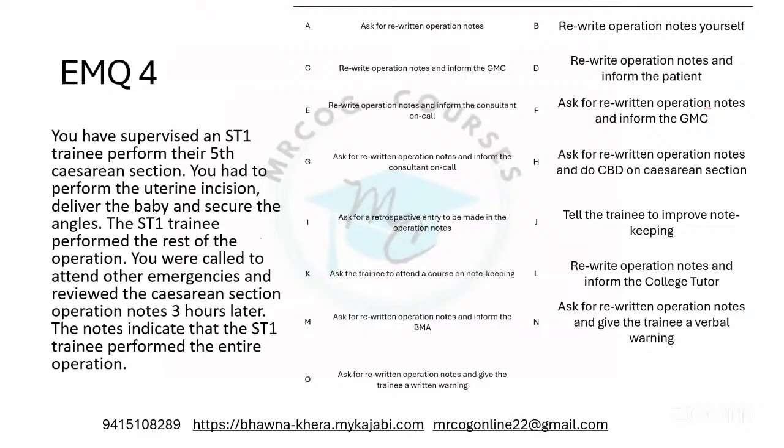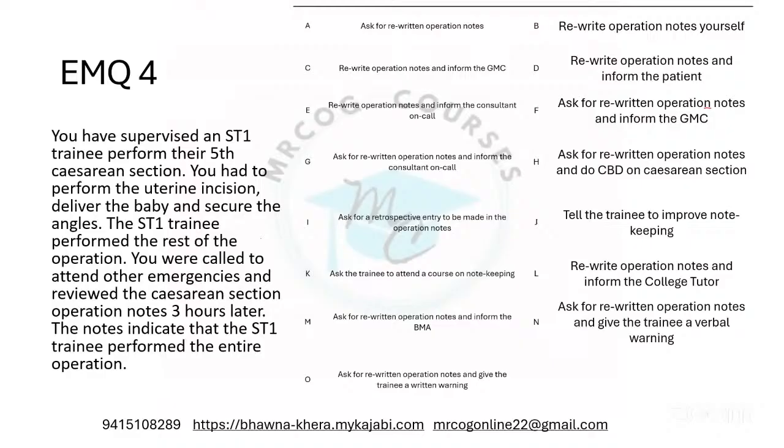You have supervised an ST1 trainee performing their fifth cesarean section. You had to perform the uterine incision, deliver the baby, and secure the angles. The trainee performed the rest of the operation. You were called to attend other emergencies and reviewed the cesarean section operation notes 3 hours later.